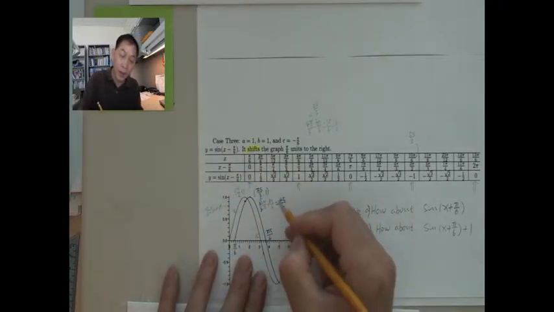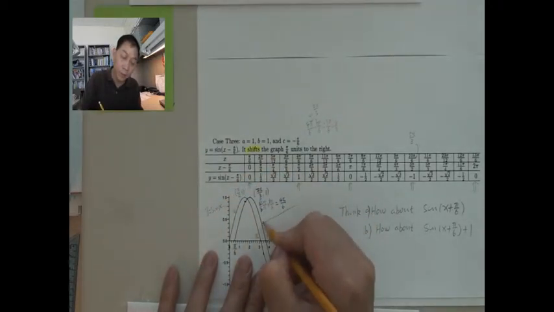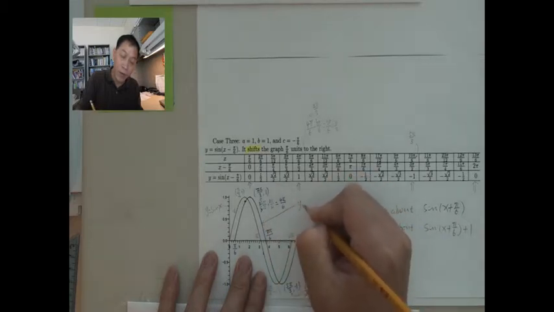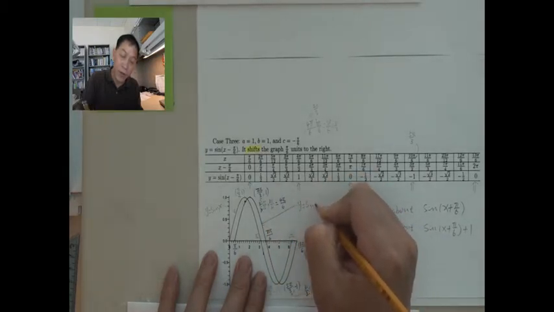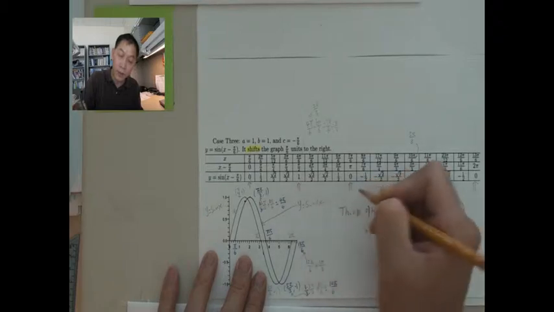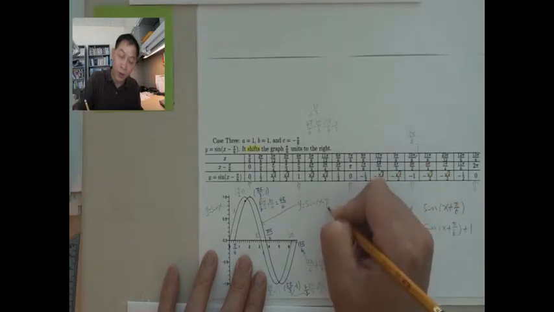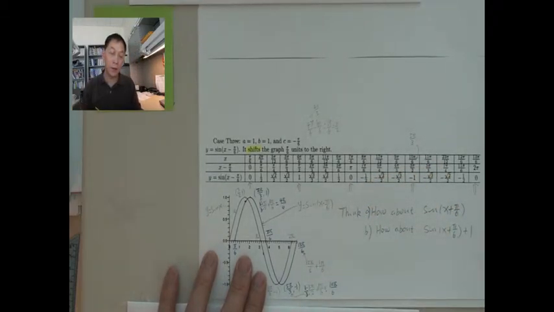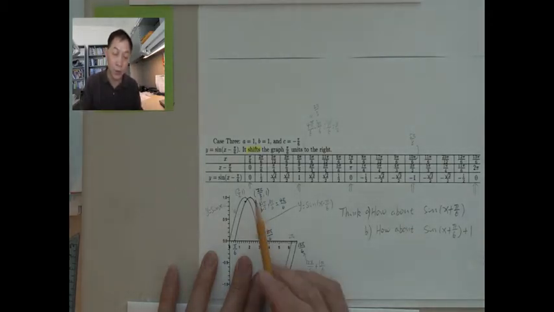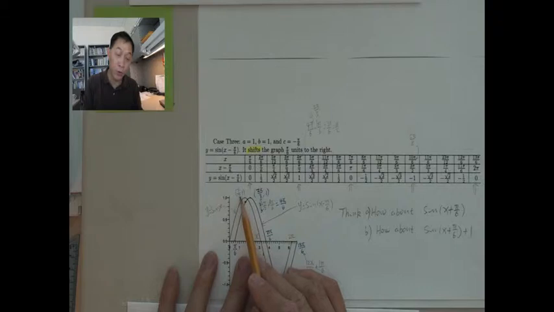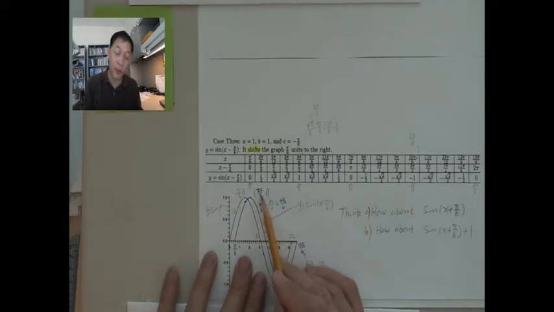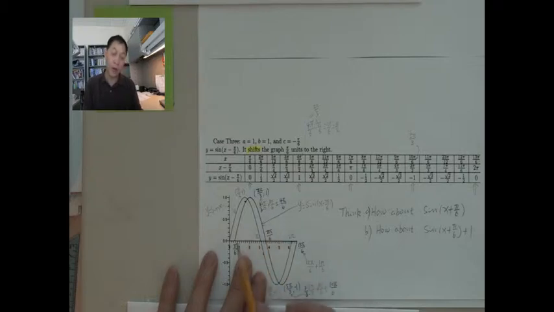Now this picture is y equals sine of x minus pi over 6. Now you may think pi over 2 added to pi over 6 should be 2 pi over 3, right? You are actually right.